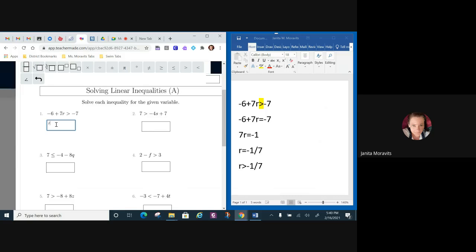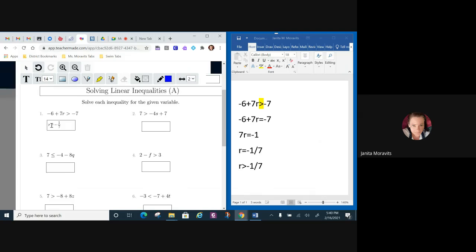R is greater than -1 over 7. Just like that. All right. Now, on all of these others, you will replace this with an equal sign, but when you write your answer, you're going to go back and put it in like this. So let's do this.